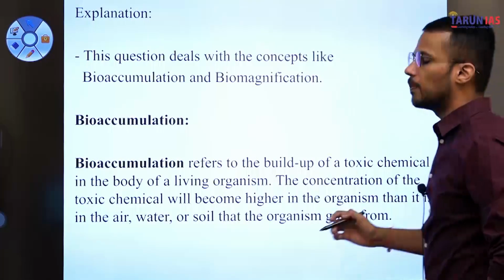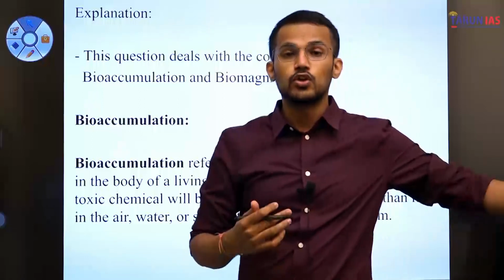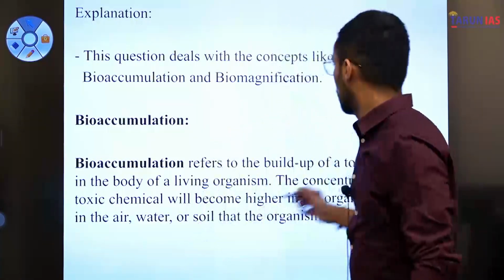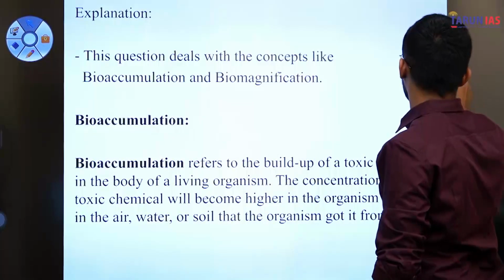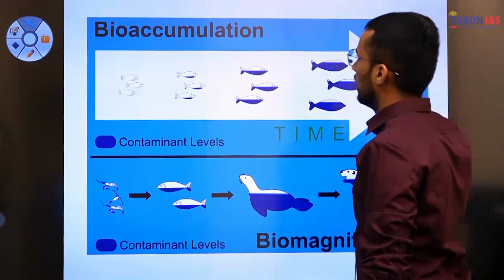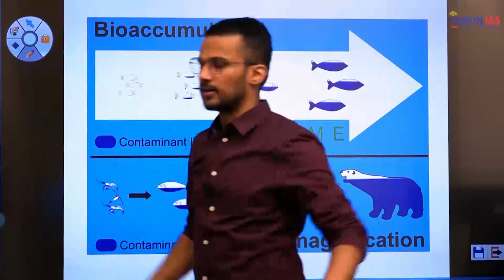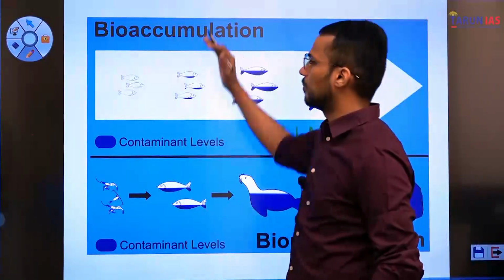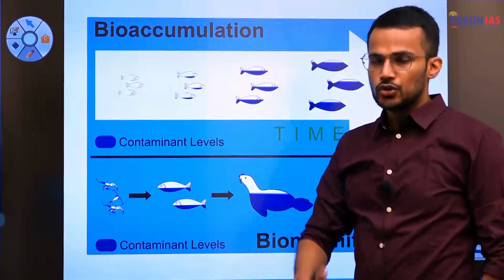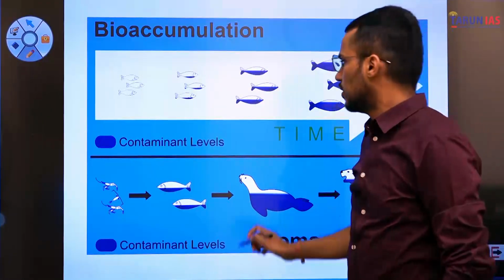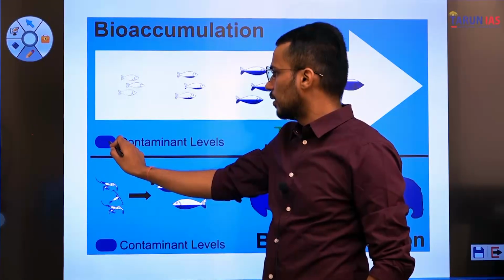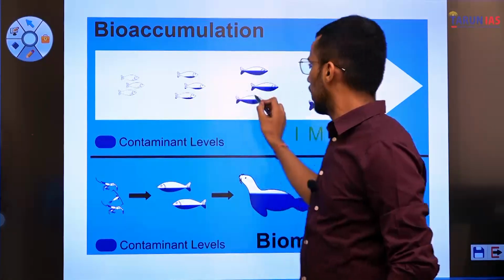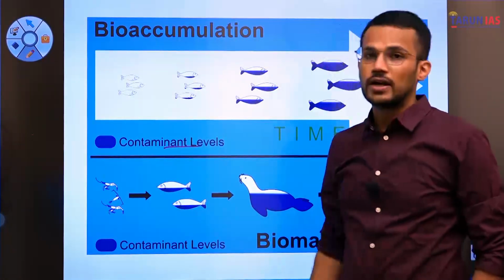When we talk about bioaccumulation, what do we mean by bioaccumulation? In order to explain it, let us take help of this particular diagram. In this diagram, you can see that the first part is about bioaccumulation. So let us discuss that part. The dark blue is the level of contaminant.